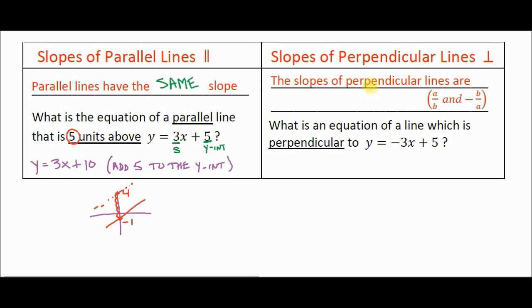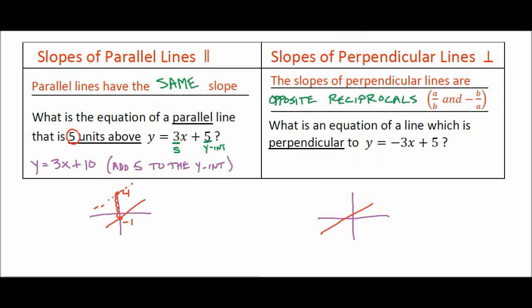The slopes of perpendicular lines are opposite reciprocals. They are no longer the same. Perpendicular lines, if we had those graphed, are going to meet at a right angle. So if I had an existing line right here, there's my existing line.